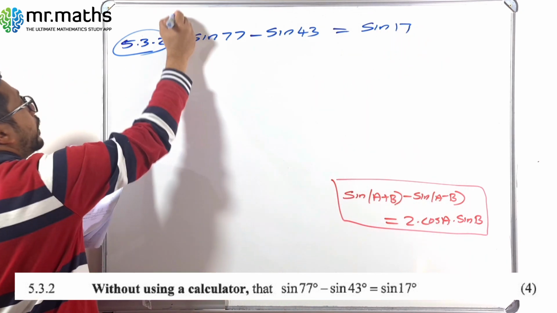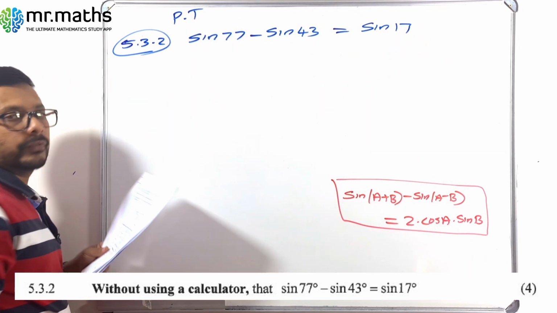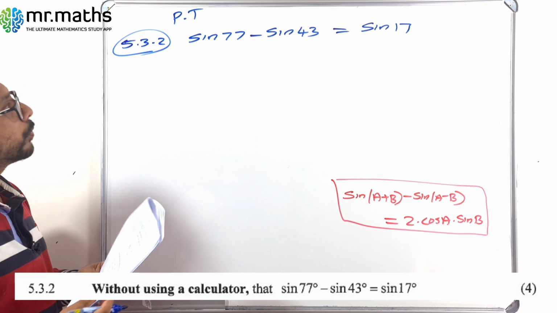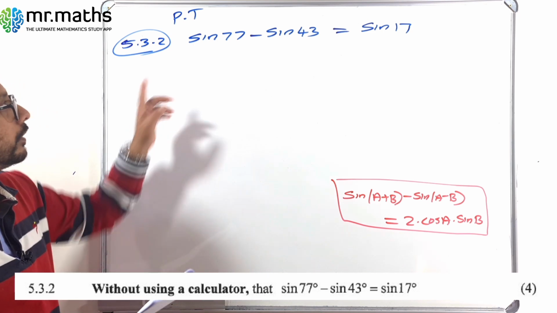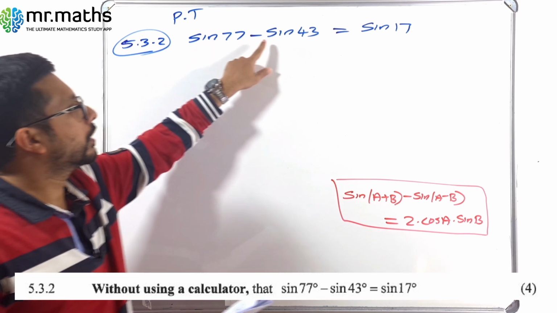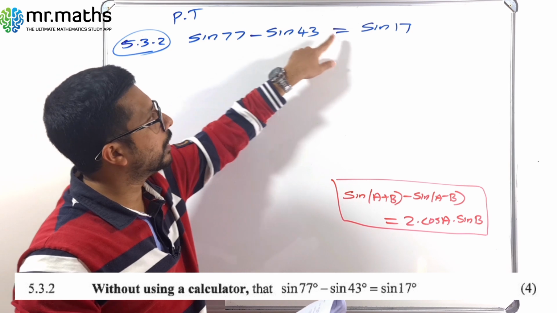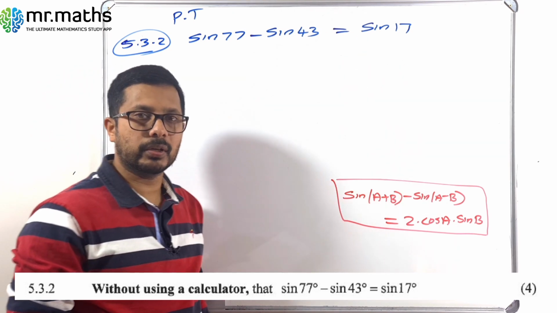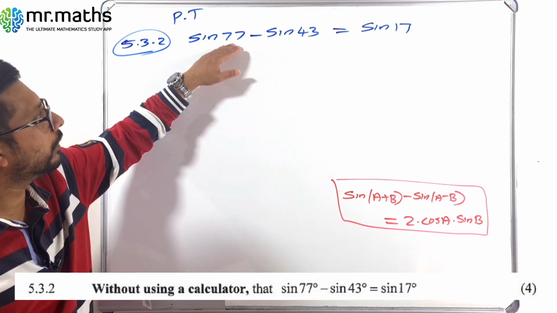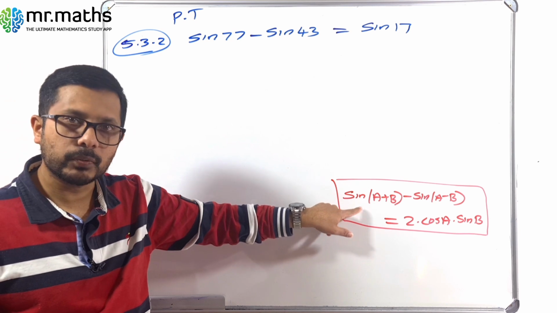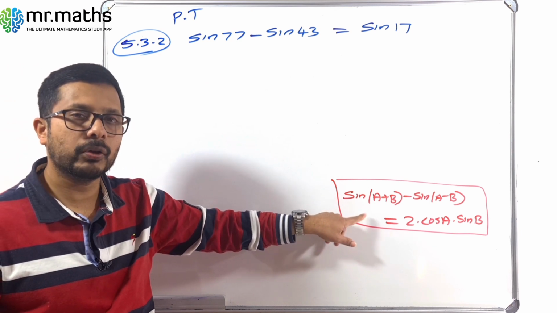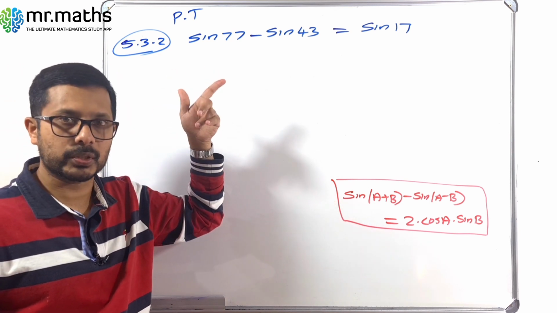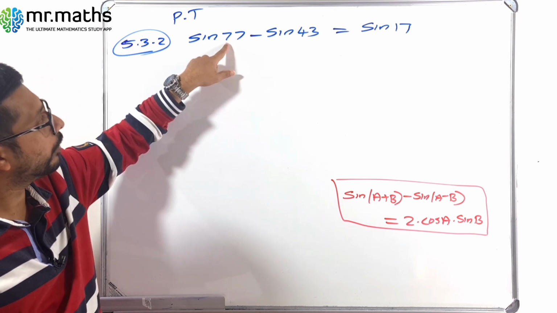So the same part, question 5.3, prove that. Okay, so to prove this one, we are going to use the one that we already did in the previous question. Okay, so how can we do that?